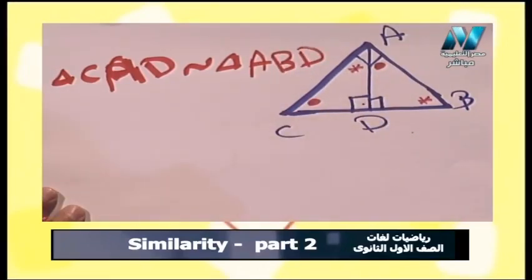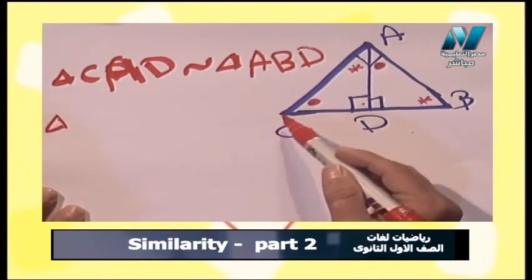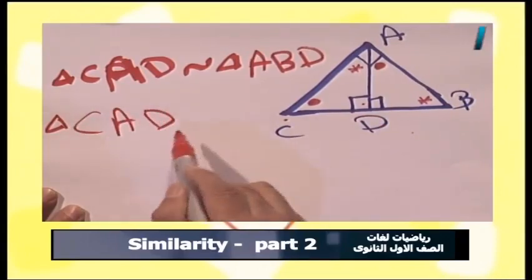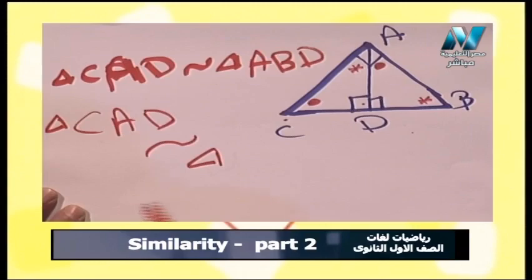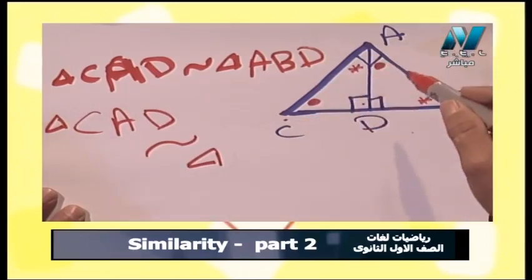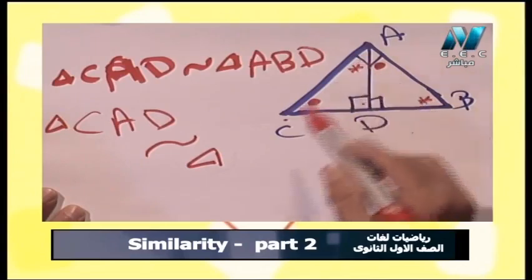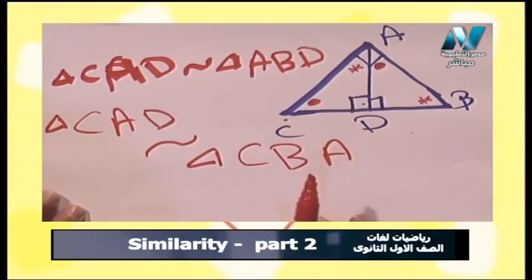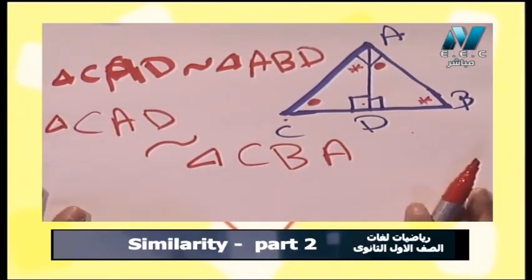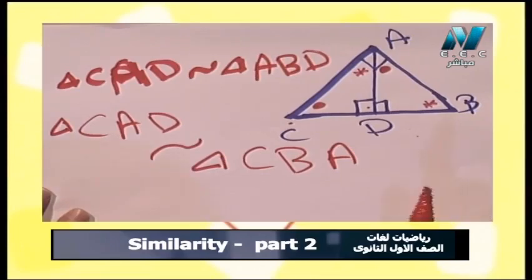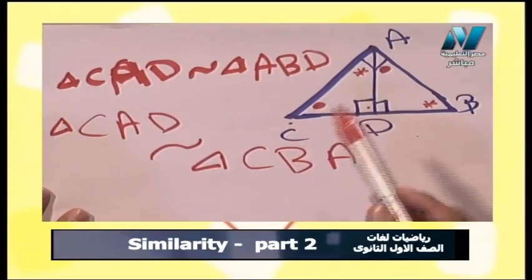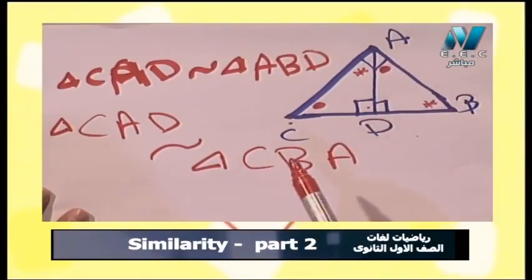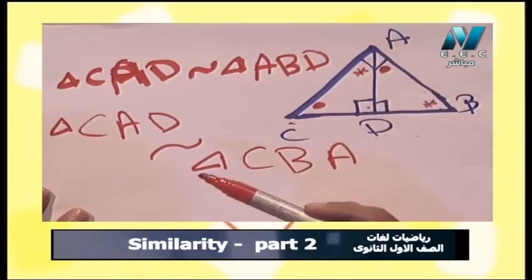And triangle CAD is similar to the big one, and we call it from dot, star, right, so it's CBA. We have here three triangles that are similar: triangle CAD, triangle ABD, and triangle CBA. All of them are similar.